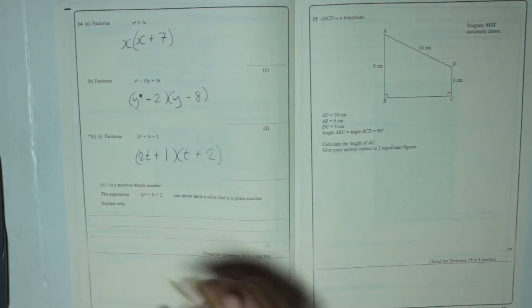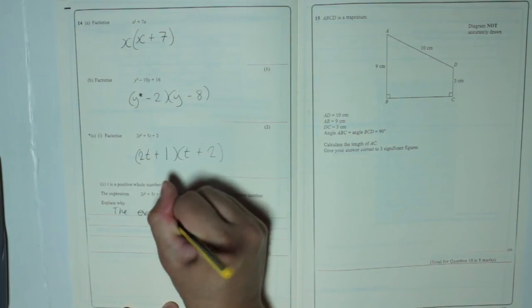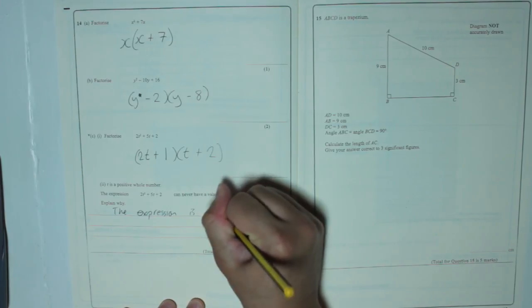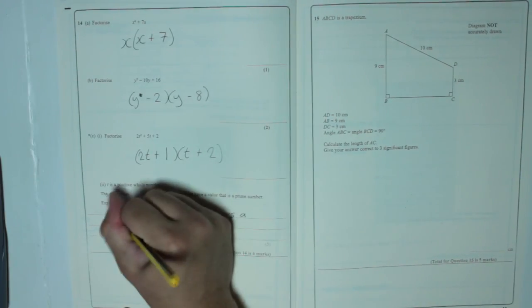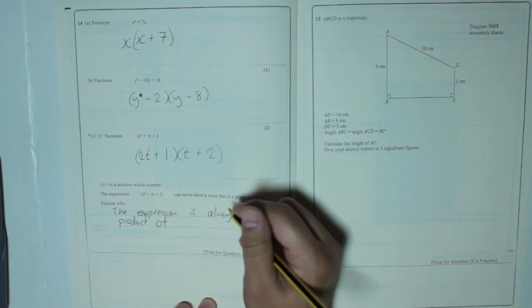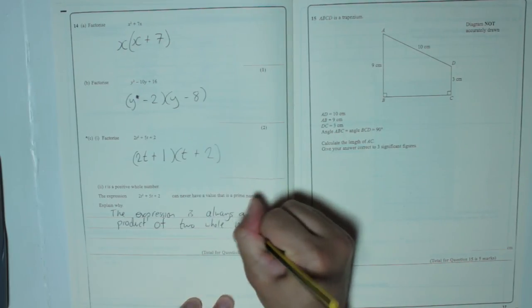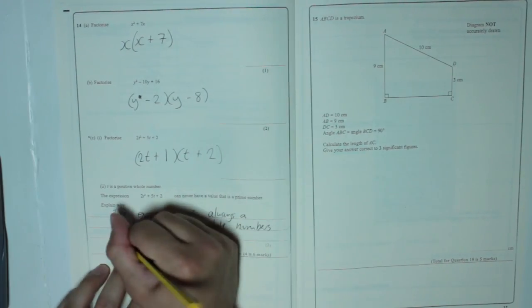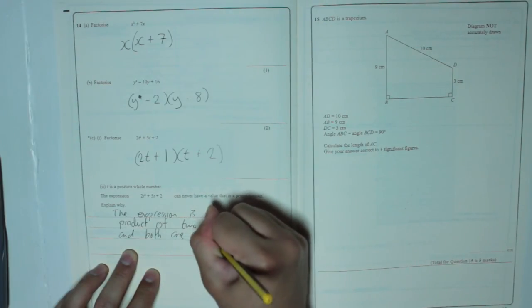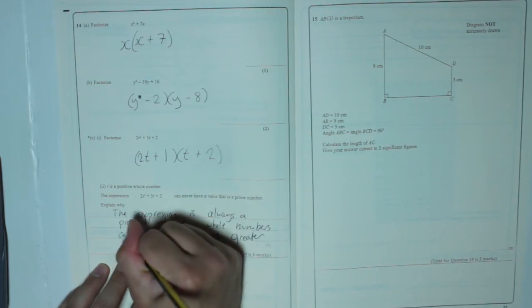So, that expression is always a product of two whole numbers and both are always greater than 1.